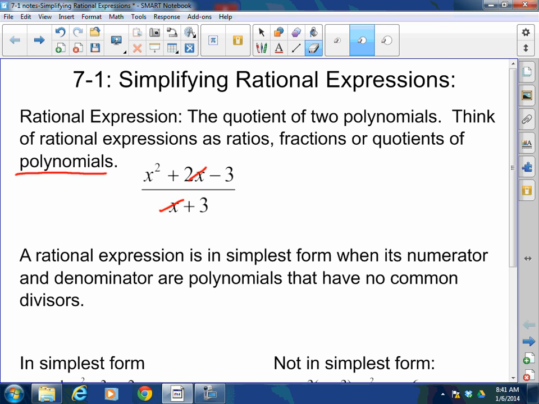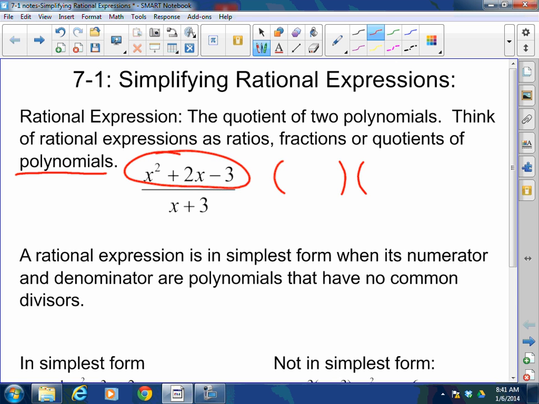You cannot do it. So how does it work then? Well, let's factor this. What times what is -3, or when added together is +2, gentlemen? +3 and -1. Why? Because 3 times -1 is -3, and 3 minus 1 is 2.